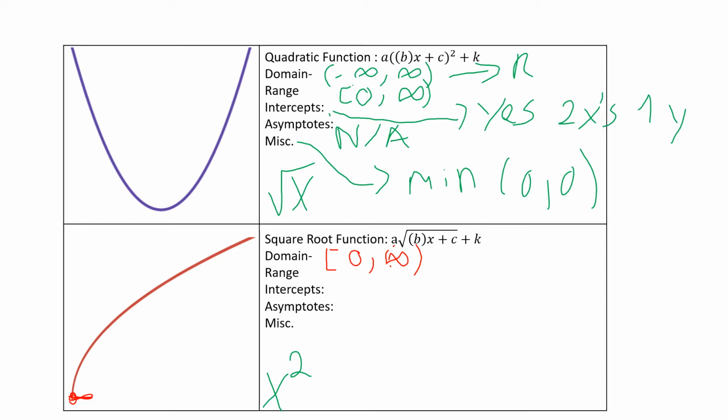Intercepts. You don't have any, so you can write down NA. And then what about asymptotes? That's not in this case. Anything else you could say about this function, other than it's the inverse of it?